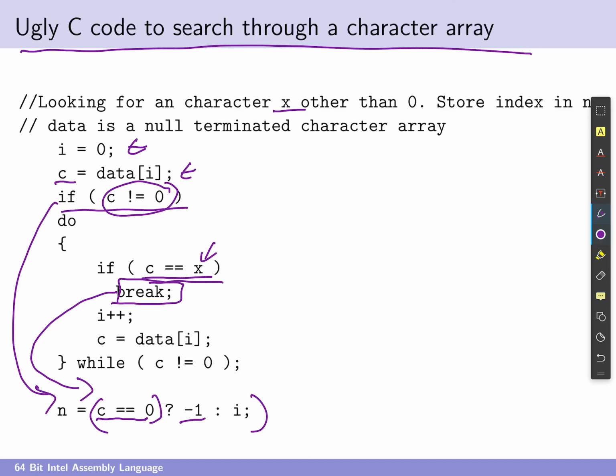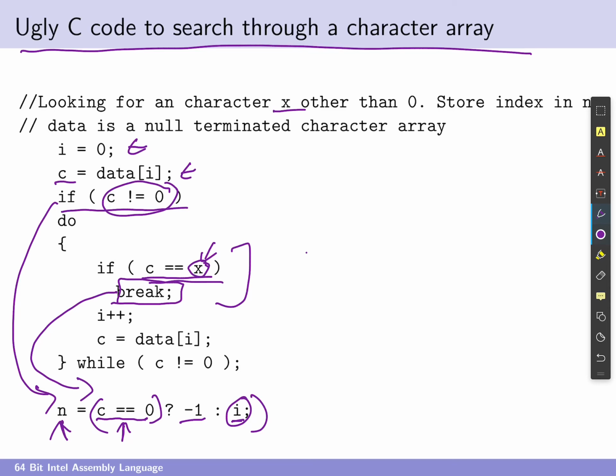We're going to use -1 here to indicate could not find the character. If, however, the current character is not equal to the null terminator, which would have been the case if we came from this break statement, then my current index I is what I want to set n to, and n is the value I'd be returning. This I corresponds to the index I'm currently at, and that's the index where I found the character I was looking for, specifically X.